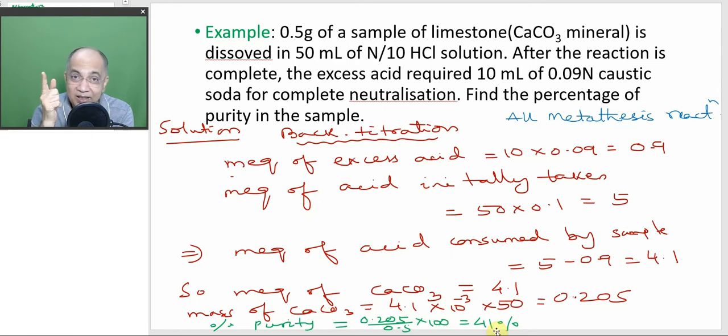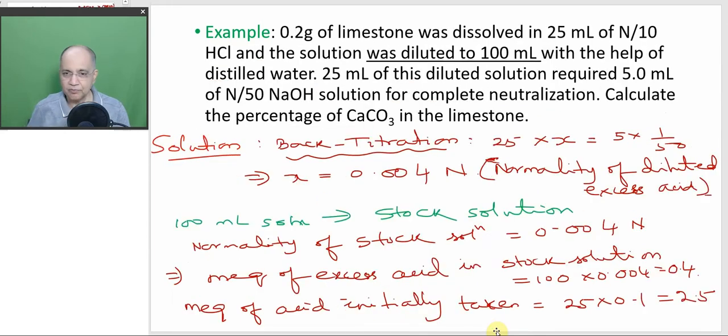If the impurity also reacts with the acid, then whatever back titration we have and we get the amount of acid consumed, it is not only by calcium carbonate, but by the impurities also. So that will not give you the amount of calcium carbonate. So here we have the presumption that the impurities do not react with the reagent used for analyzing the main component of the sample.